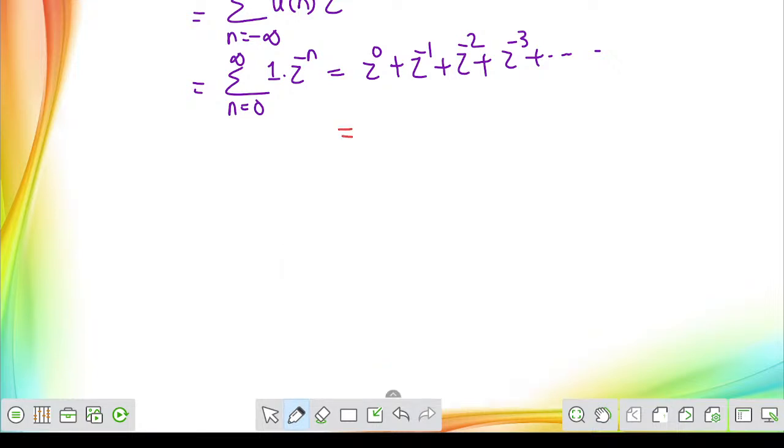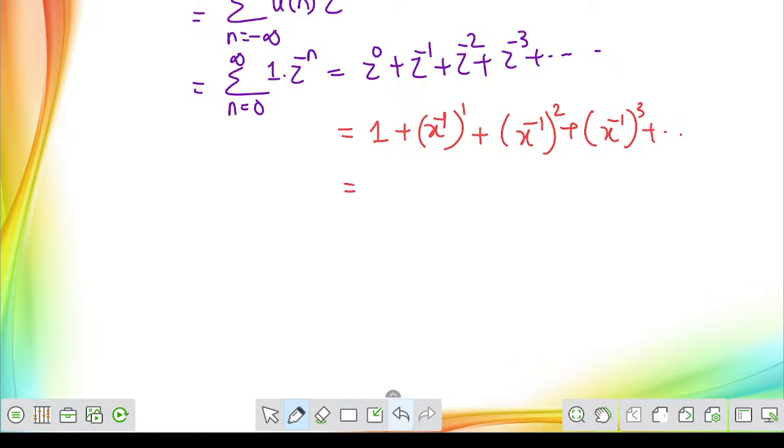This function can be written as 1 plus x power minus 1, I am just considering the value of x as x power minus 1, plus x power minus 1 whole power 2, plus x power minus 1 whole power 3 and so on. That is 1 plus x square plus x cube and so on.